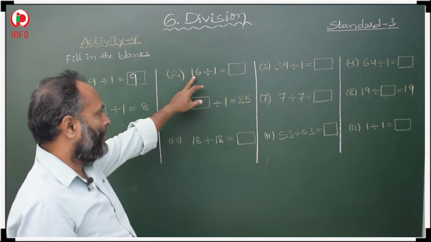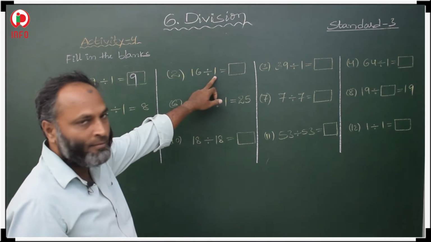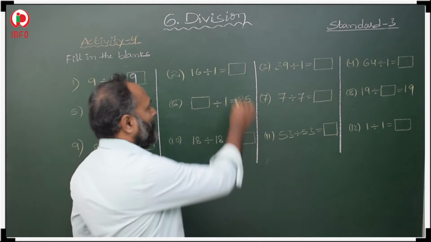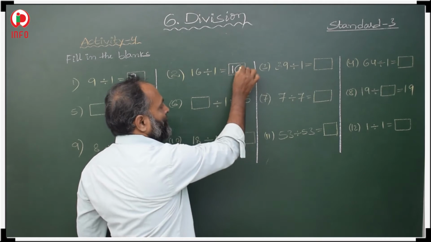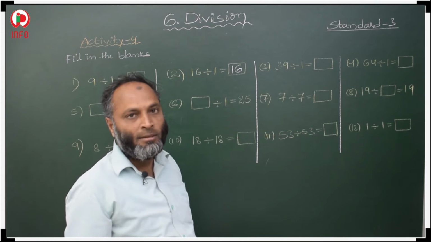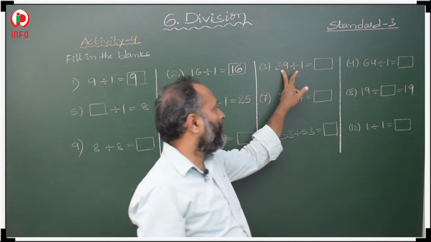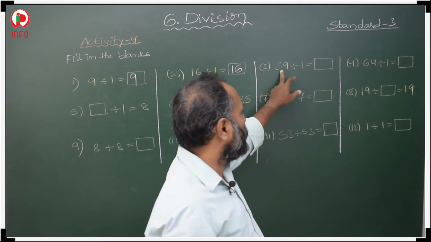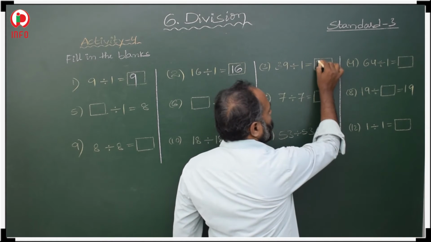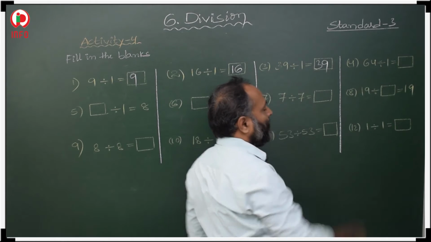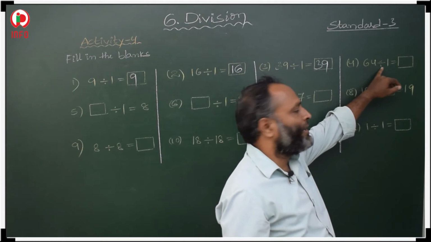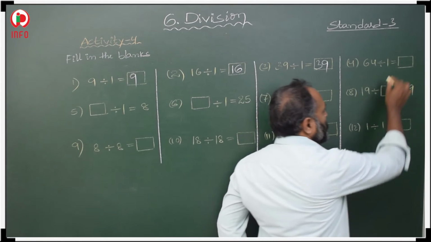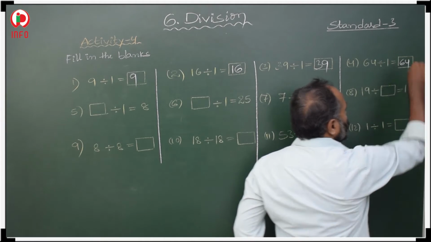Here also, if any number is divided by 1, then the quotient is the number itself, that means 16. Here, the answer is the number itself, that means 39. The same, if any number is divided by 1, then the quotient is the number itself, 64.